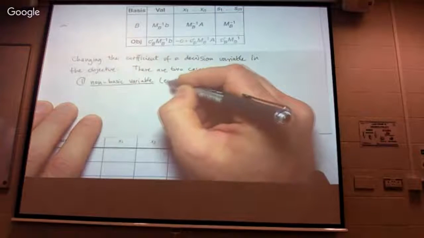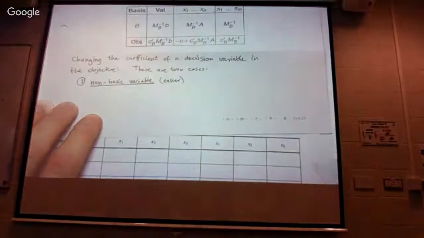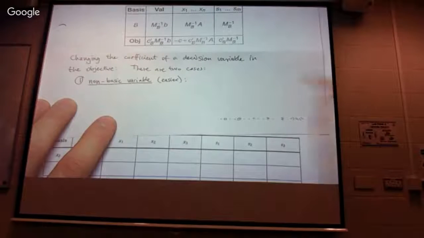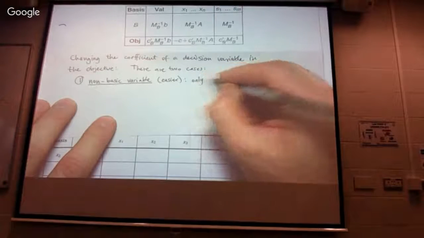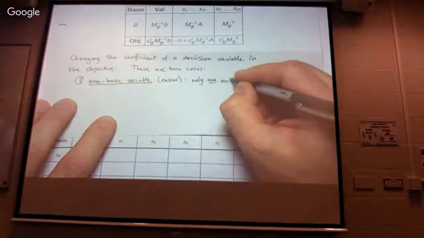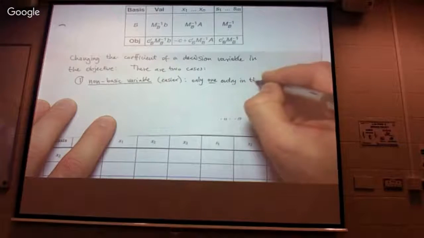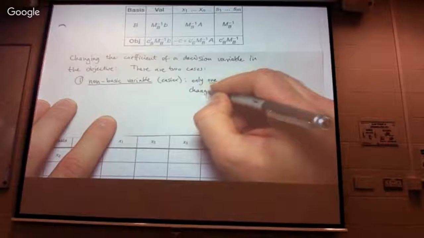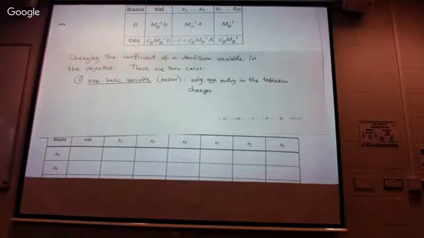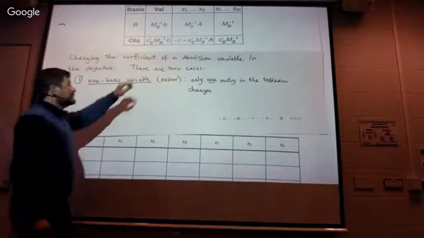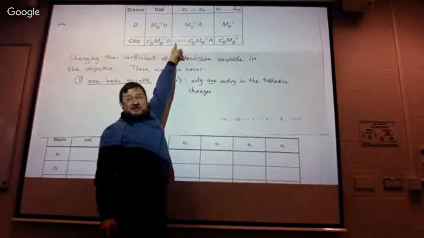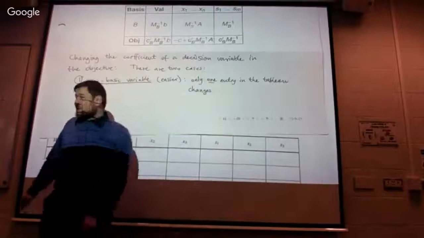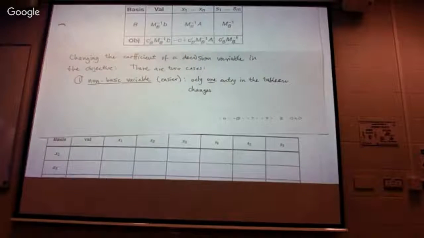That's slightly easier. And that says that only one entry in the tableau changes. Okay, so that only influences, because that's only one entry in this C vector, so only one entry. This bit of the tableau is going to change. Good.